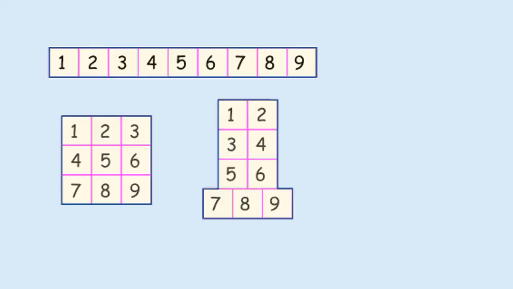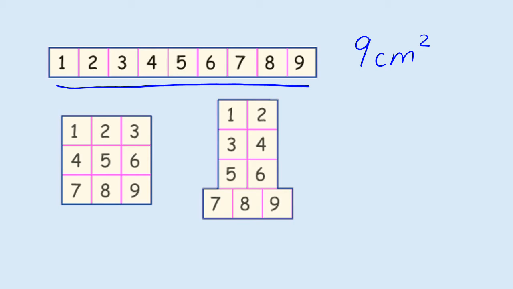Now you will find that different shapes often have the same area, but they look different. If we look at this one along the top here, the area of that long rectangle is 9 square centimeters because it has 9 square centimeters inside the boundary of the 2D shape.